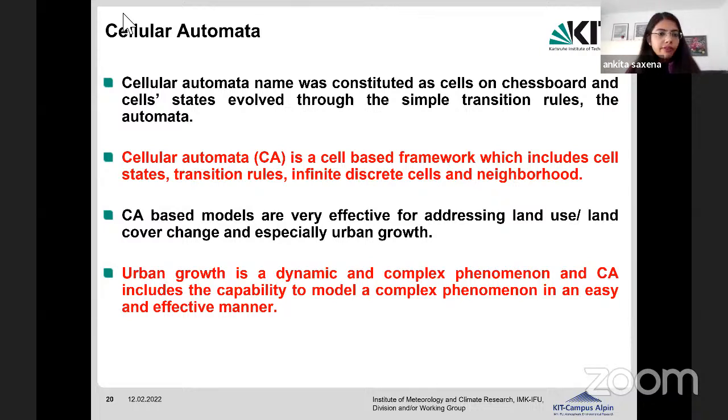Various geographical phenomena are natural phenomena that spread or expand on the basis of neighborhood characteristics, because a cell looks around its neighbors. Like in urban growth, if urbanization is there around, it will urbanize further. It will expand in urbanization.